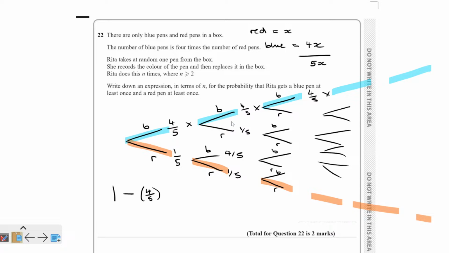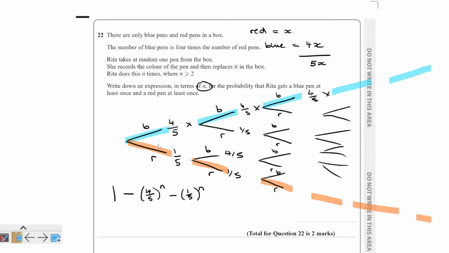So you're multiplying 4/5 by itself, again and again. How many times though? Well, it would be n times, wouldn't it? If you want all blue, it would be 4/5 to the power of n. And then the same for the red, but obviously red would be 1/5, wouldn't it? Imagine if you were getting all reds, it'd be 1/5 times 1/5 times 1/5, again and again and again, n times.